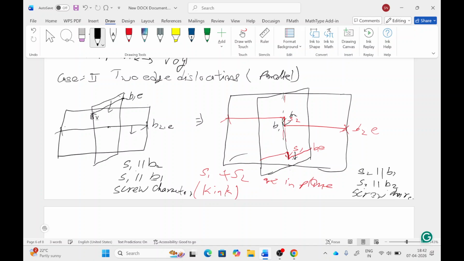I'm writing S1 parallel to B2 because the amount by which it is shifted is equal to B2; the magnitude of S1 will be equal to the magnitude of B2, and the magnitude of S2 will be equal to the magnitude of B1. Okay, so this is the second case where two edge dislocations are parallel. They will form two kinks of screw character.